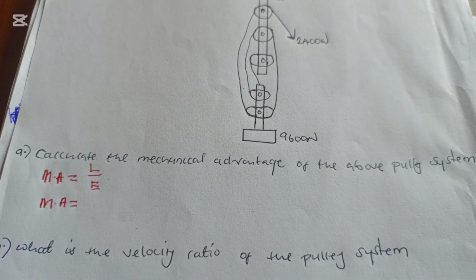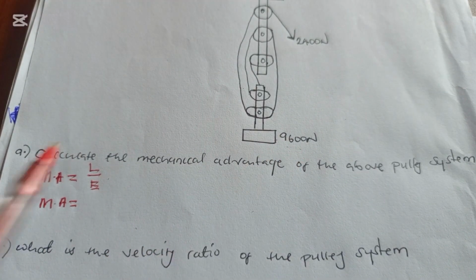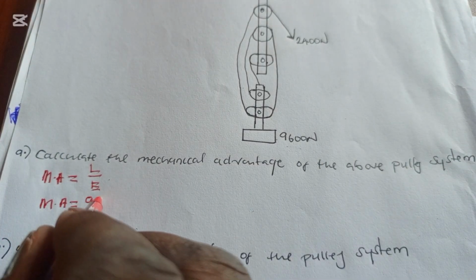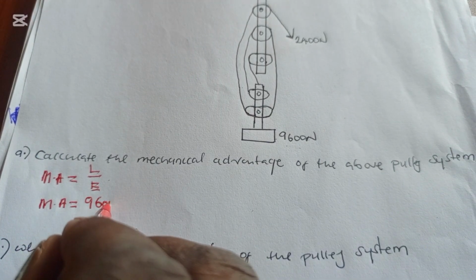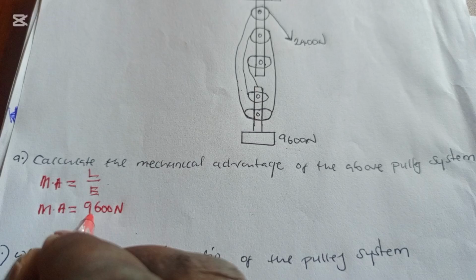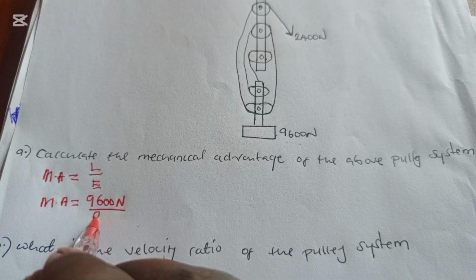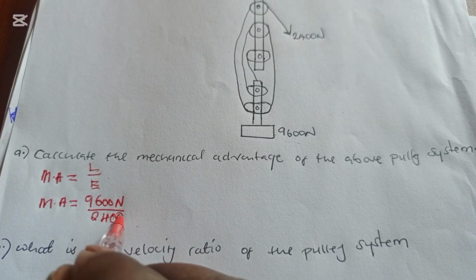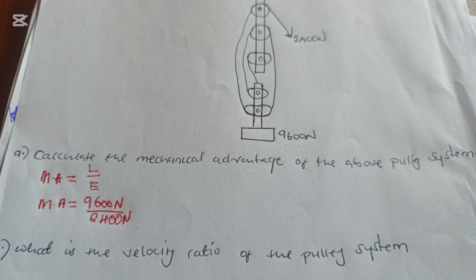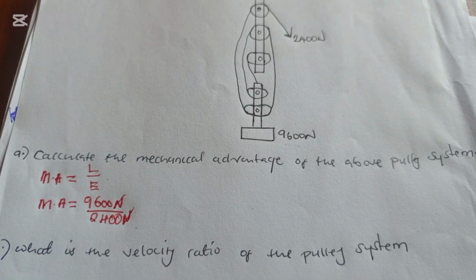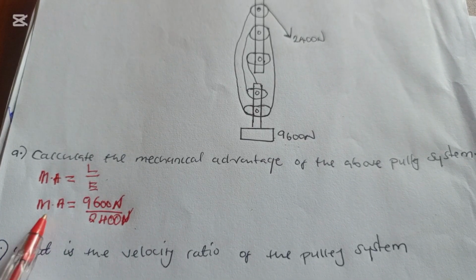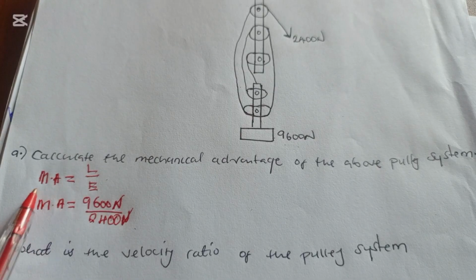So mechanical advantage is equal to our load, which is 9,600 newtons, over our effort, which is 2,400 newtons. The newton and newton cancel each other, so the mechanical advantage doesn't have any unit.